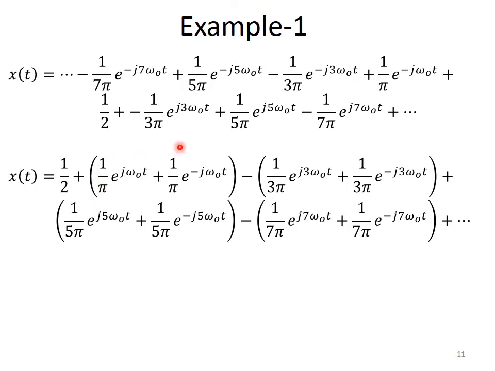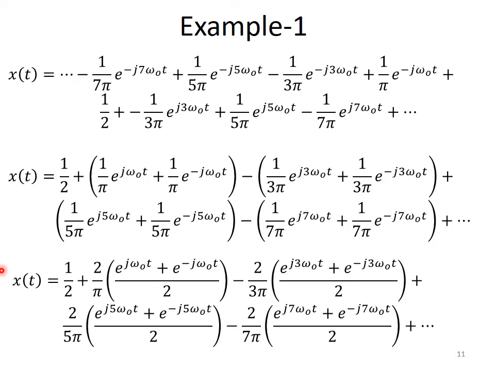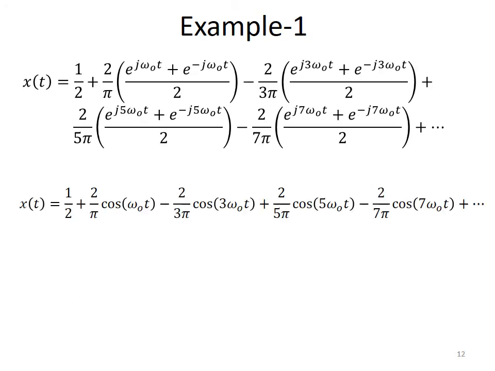By doing that, we can further simplify it, because this function can be represented as a trigonometric function using Euler's formula, and similarly this one, and that one as well. In order to represent this using the cosine function, we have to have 2 in the denominator, so we have to multiply by 2 here.